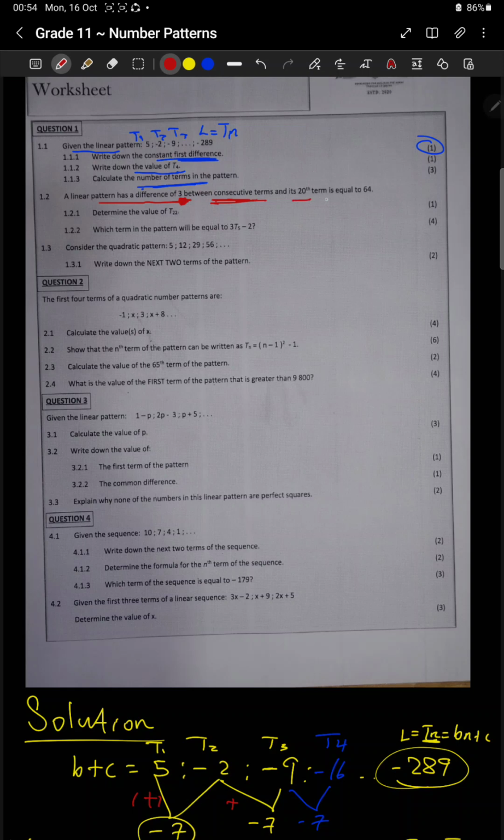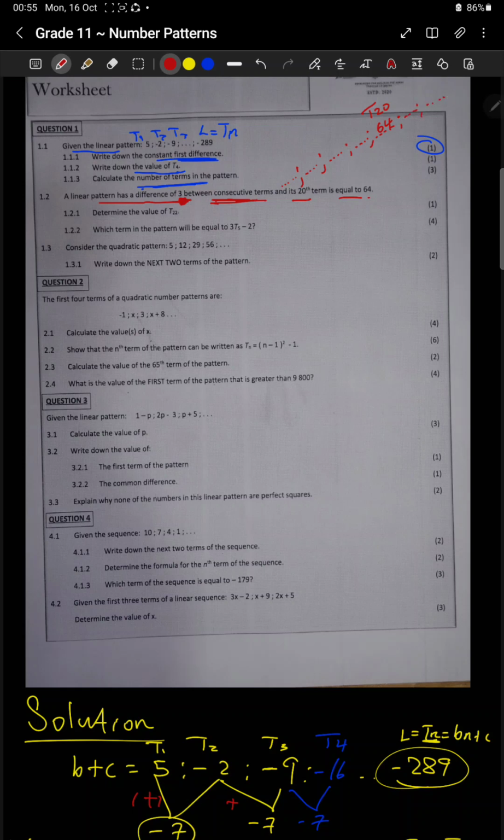So they say its 20th term is equal to 64, meaning that starting from the first one and the second one and the third one and the fourth one and so on up to the 20th term, that means it's 64, and they continue in the same way.